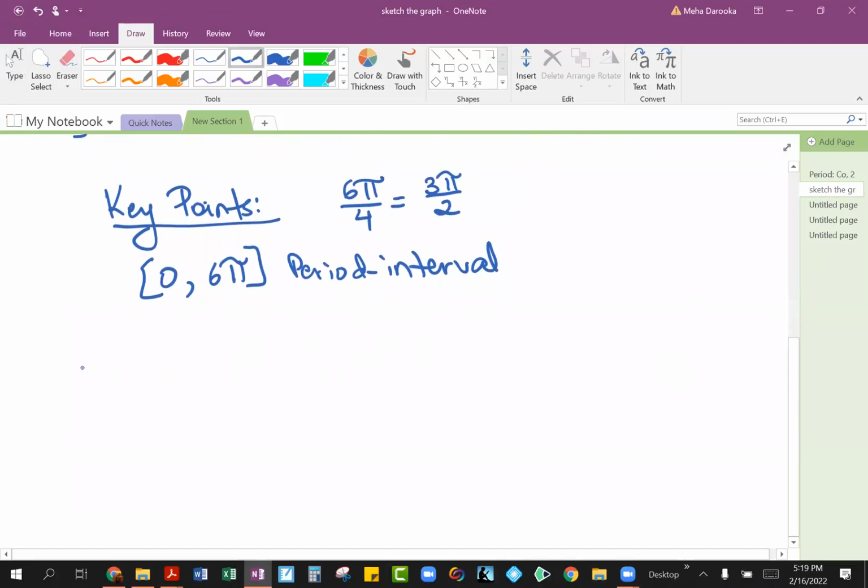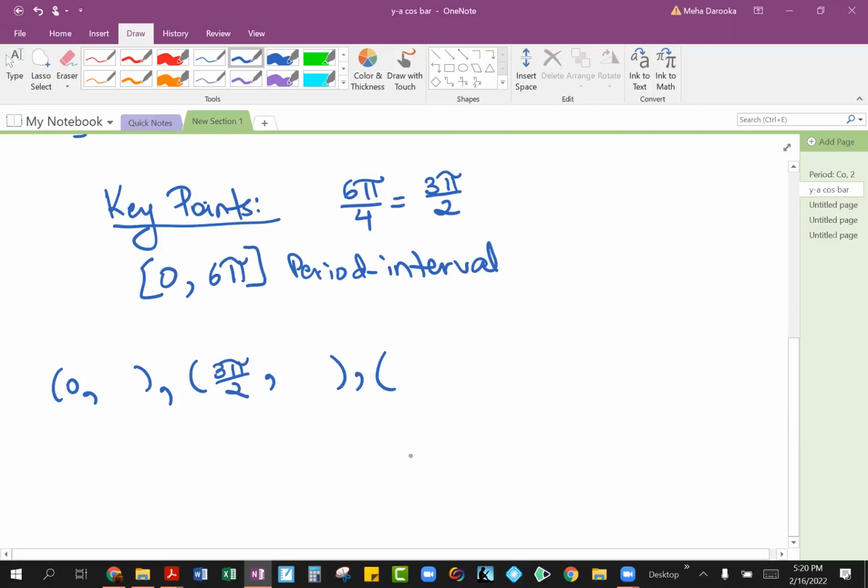So for our first key point, we'll use 0. And then keep adding 3 pi halves because that's what our period interval came out to be. So 0 plus 3 pi halves will of course be here. Whatever this number comes out to be. Now with 3 pi halves, obviously you will add 3 pi halves again.